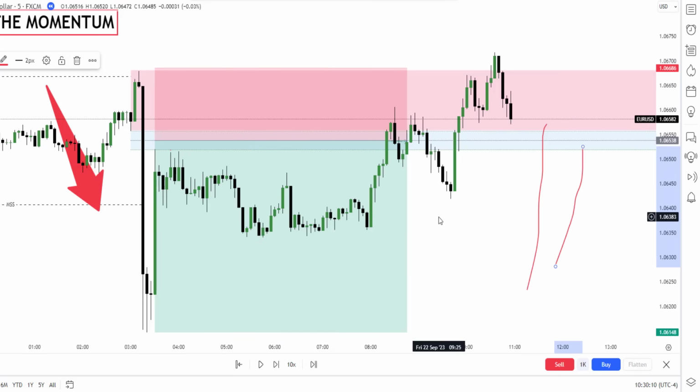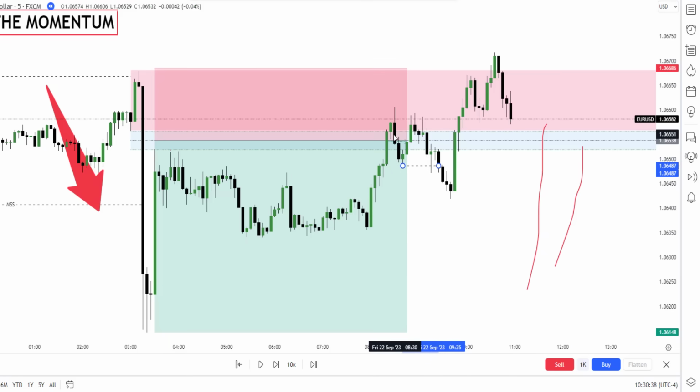Now, a lot of you will call this place a shifting structure, but I've said that time and again. ICT said that if you don't have at least a very significant movement with at least 3 candles closing below each other, you don't consider that one as a retracement.